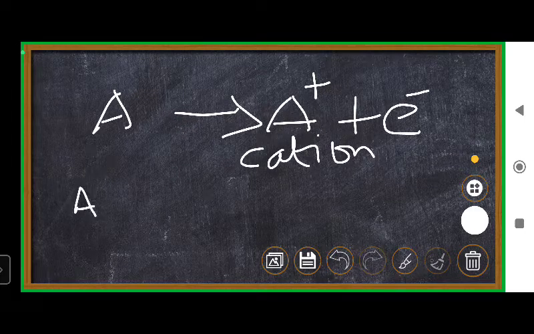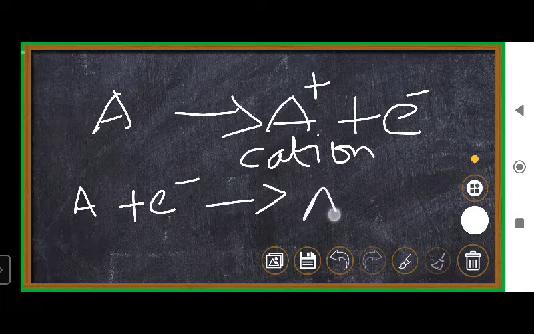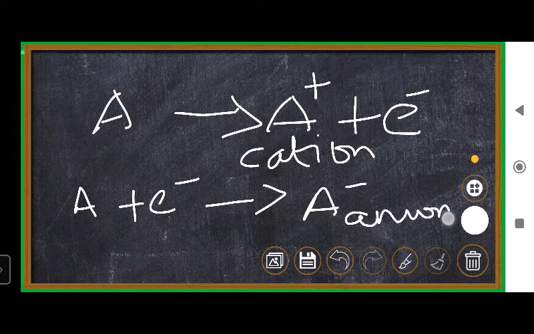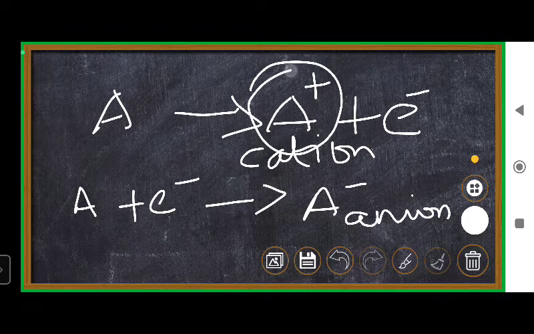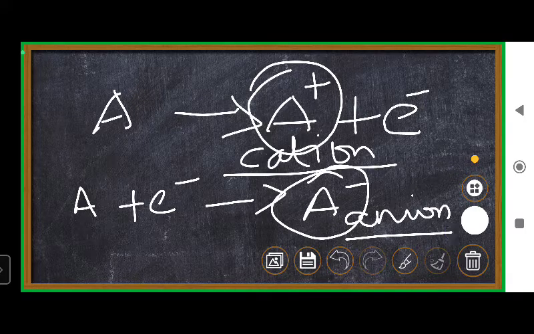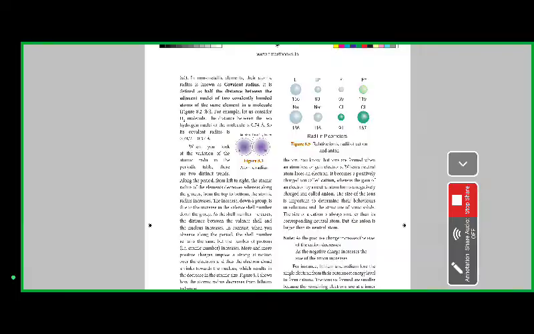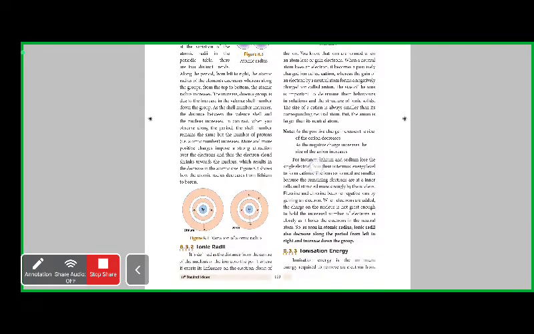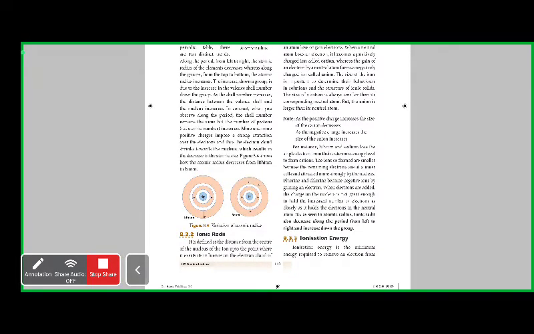When an atom takes an electron, it becomes A minus, an anion. This is a positive ion, this is a negative ion. Cation, anion. Yesterday I told you about the size, the ionic radii.